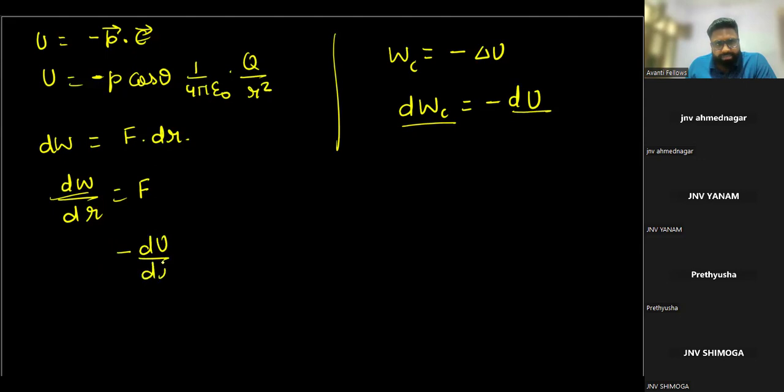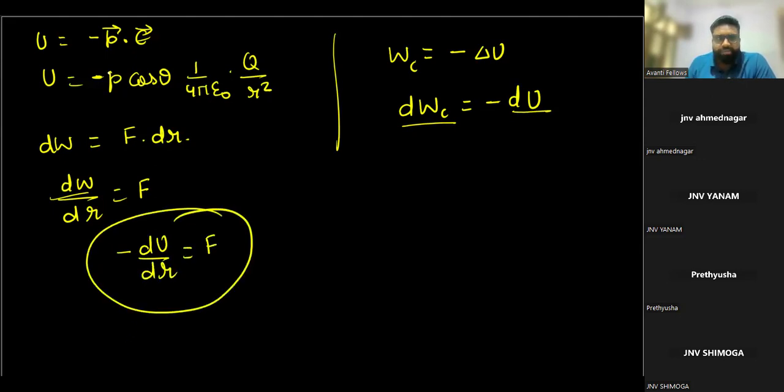minus of dU by dr equals F, which means for force we have to differentiate this and put the negative sign.